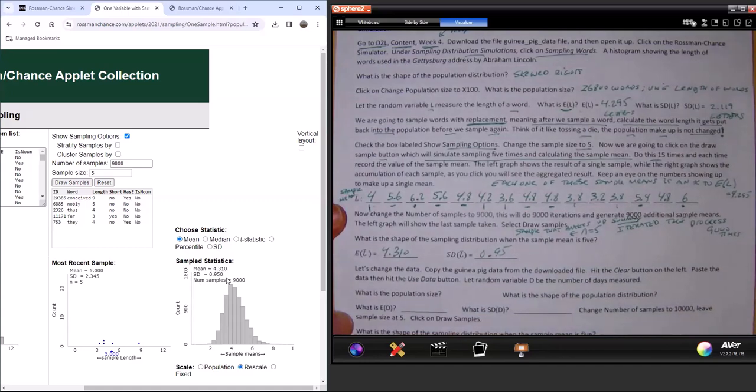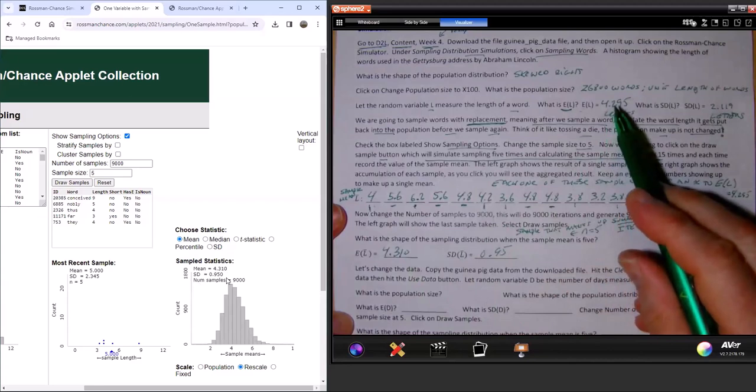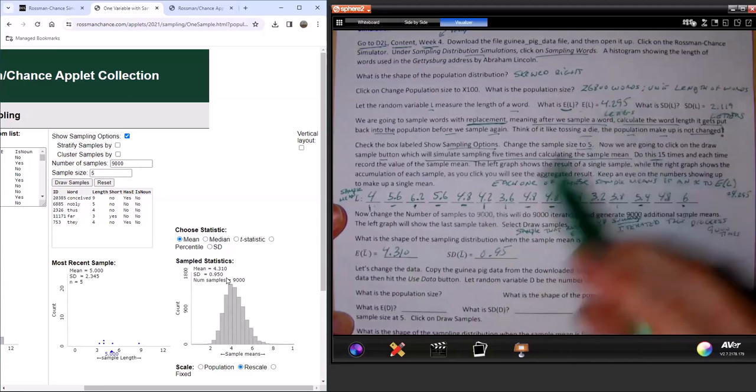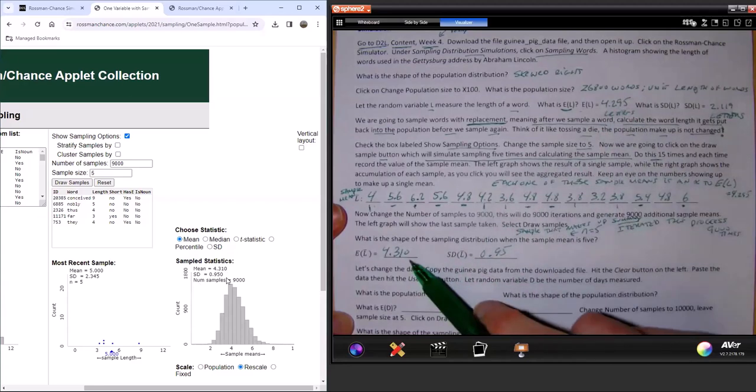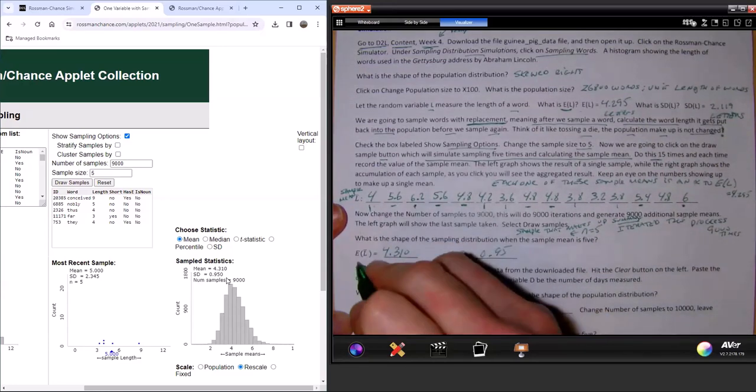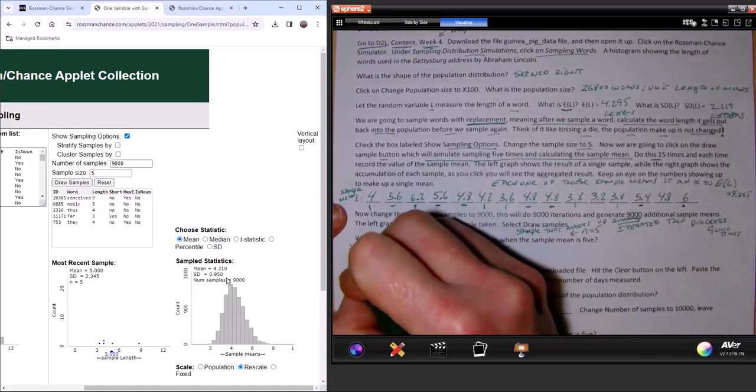And what do you notice? Well, one thing I notice is that 4.3 is very close to this number. And we're going to see what the relationship should be. Now, no matter what, this is still a summary. This is not a parameter, but notice the symbol for a parameter.